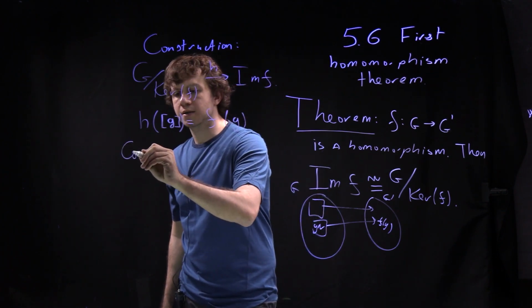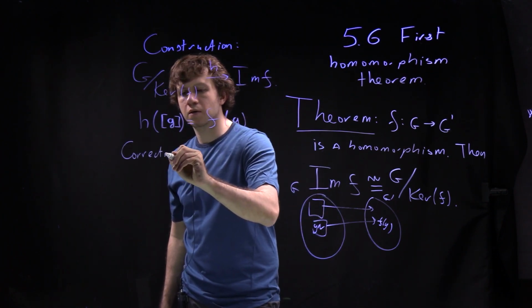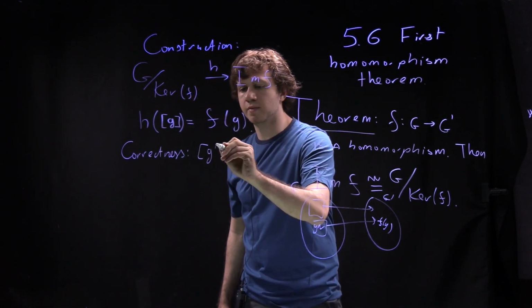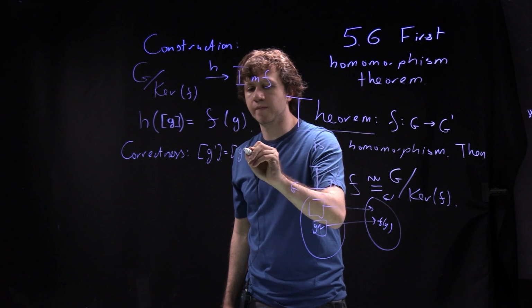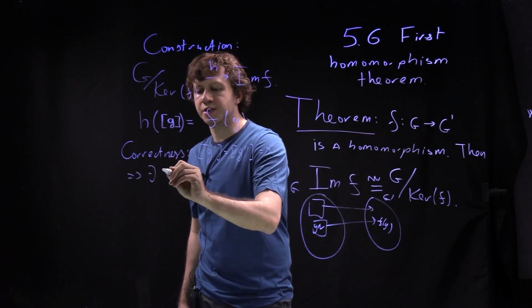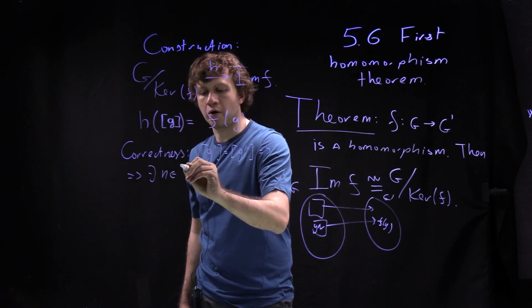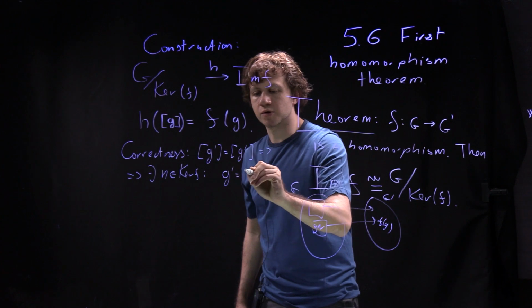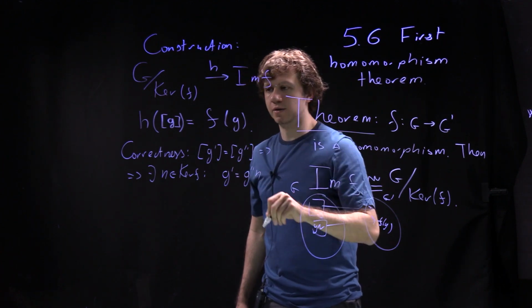So correctness. If I take another element, if g prime equals g double prime as classes, then there exists some element n in the kernel such that g prime equals g double prime n.